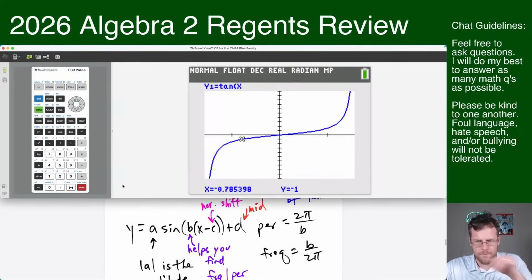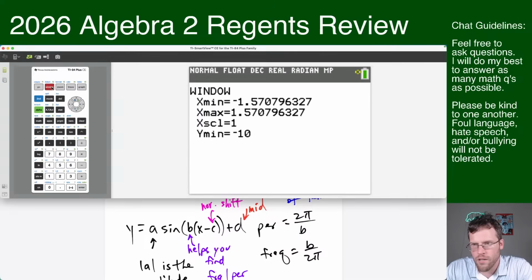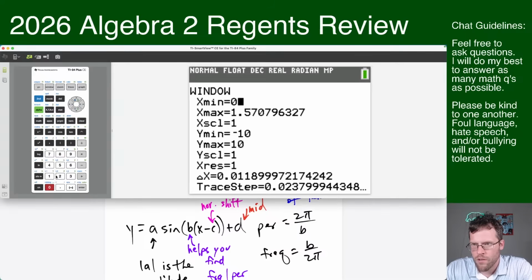If I just pick values out here, let's say I start with 2 sine of 3x plus 4. I didn't do a shift, so let's say I go from 0 to 2 pi, and then from 0 to 10.